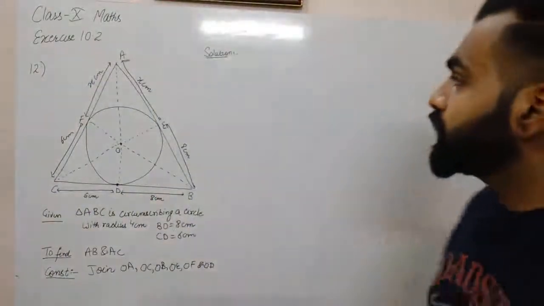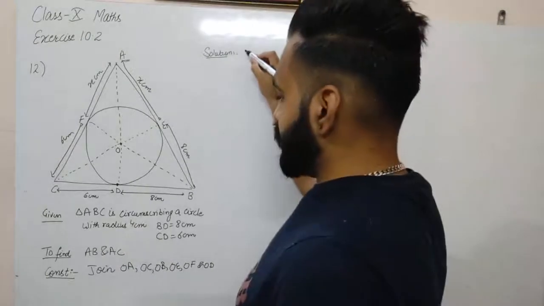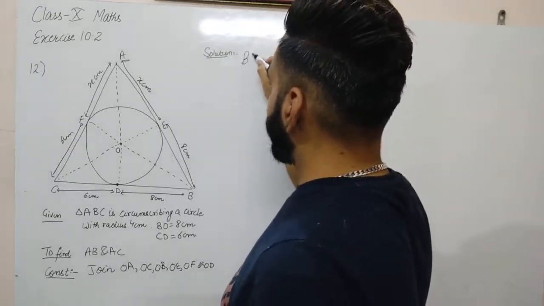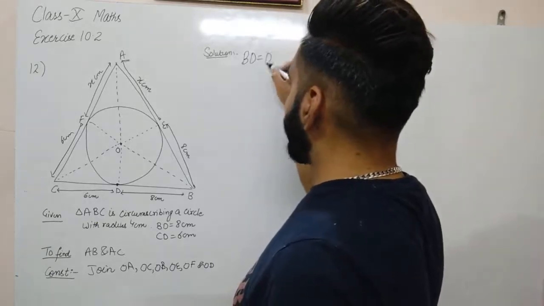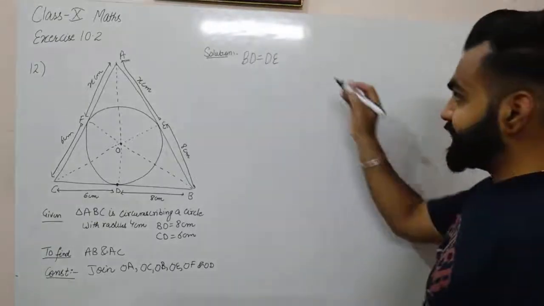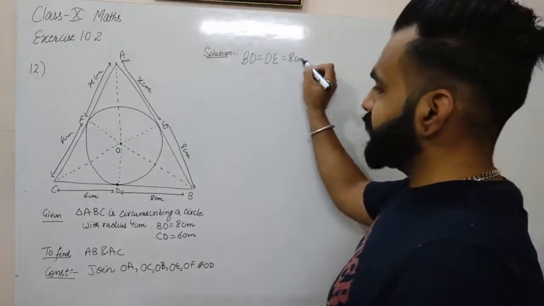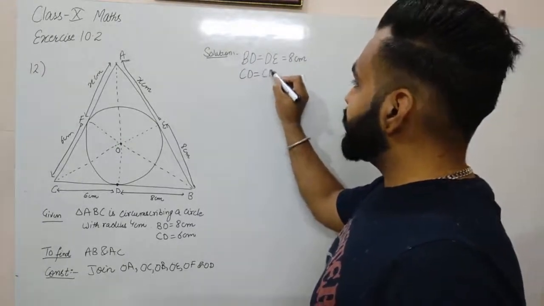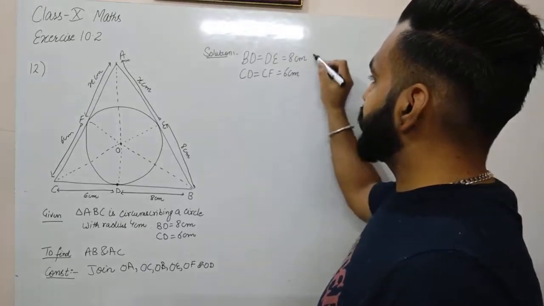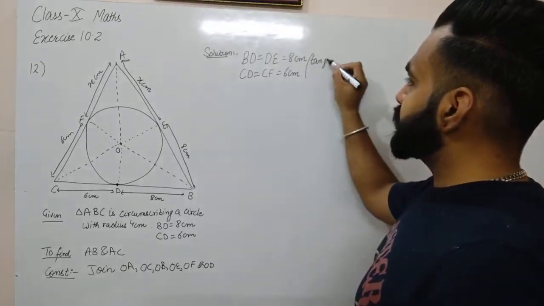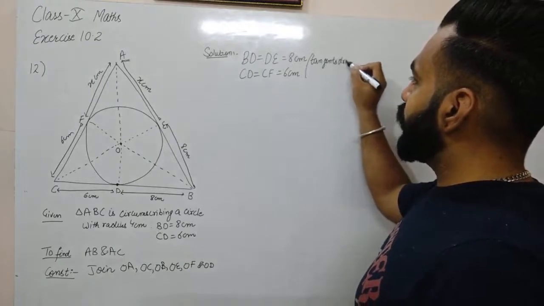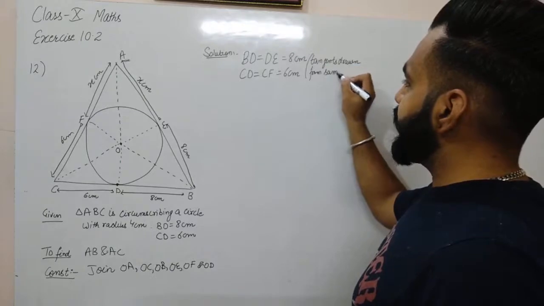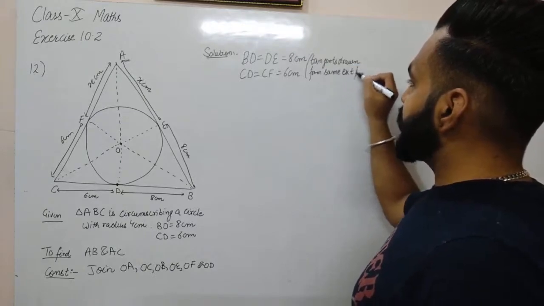Clear everyone? So we will write BD is equal to BE is equal to 8 centimeters and CD is equal to CF is equal to 6 centimeters. Tangents drawn from the same external point.